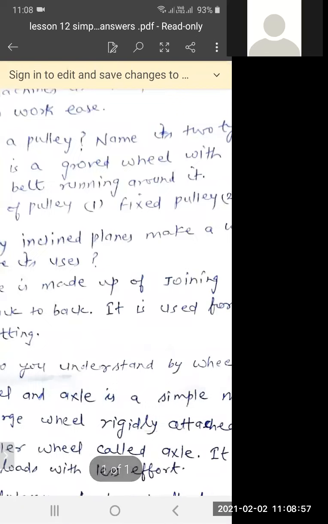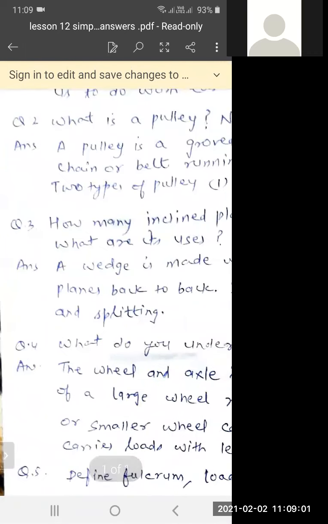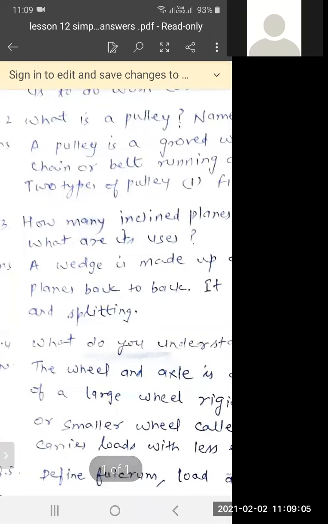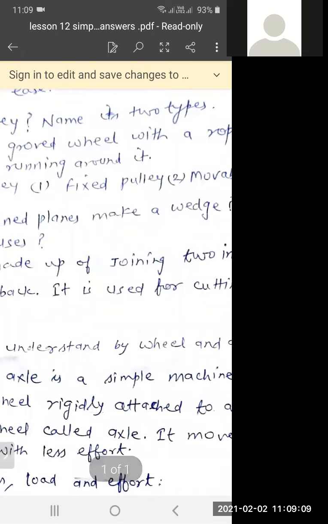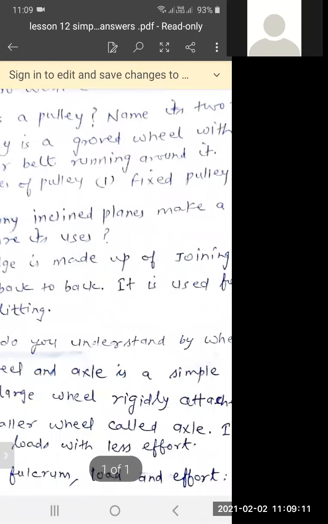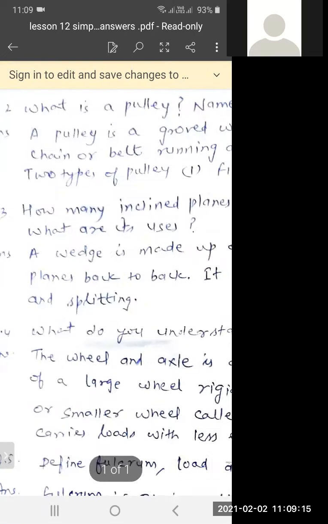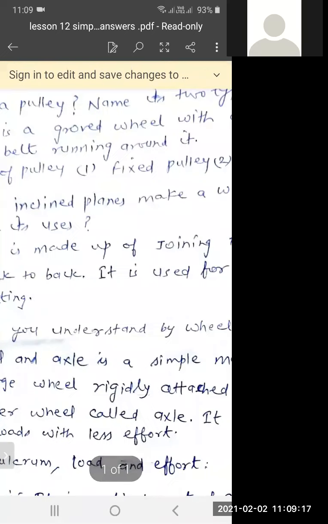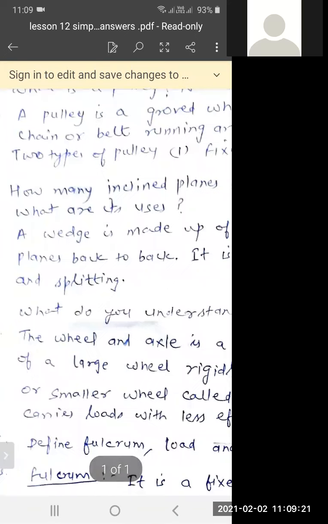Question number 3. How many inclined planes make a wedge? And what are its uses also?